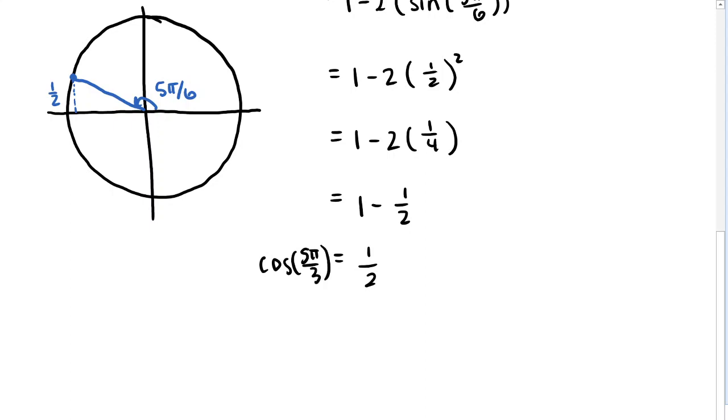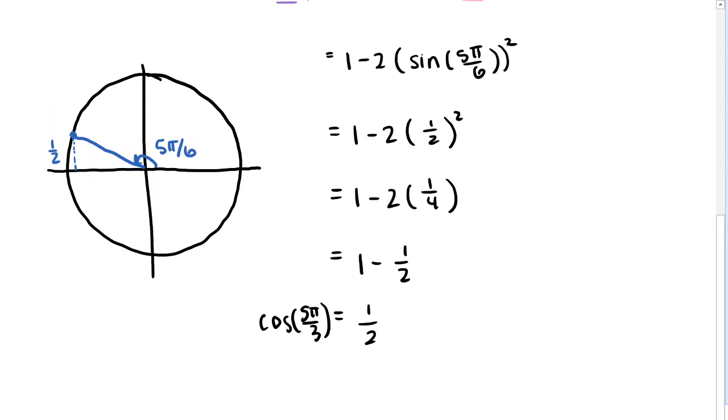And so what we've really done here is that we've used our understanding of this angle 5 pi over 6 to evaluate cosine of 5 pi over 3. So, cosine of this angle all the way out here. And so this agrees with our understanding of cosine of 5 pi over 3, right?